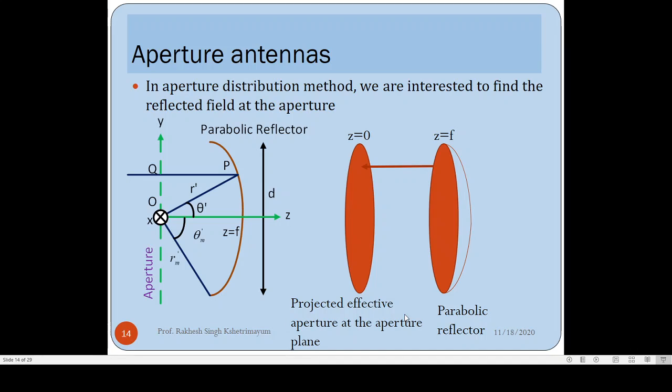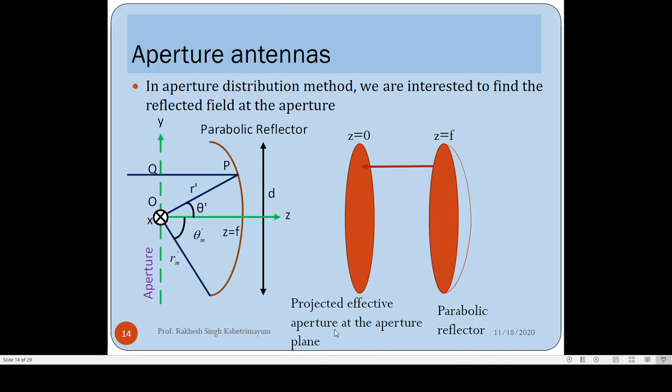This right-hand side diagram will show it very clearly. We have a parabolic reflector, which is a three-dimensional structure. Now the aperture plane is at this dashed line, at z equal to 0. What we are doing is projecting this parabolic reflector onto the z equal to 0 plane, and that is the aperture plane we are considering.